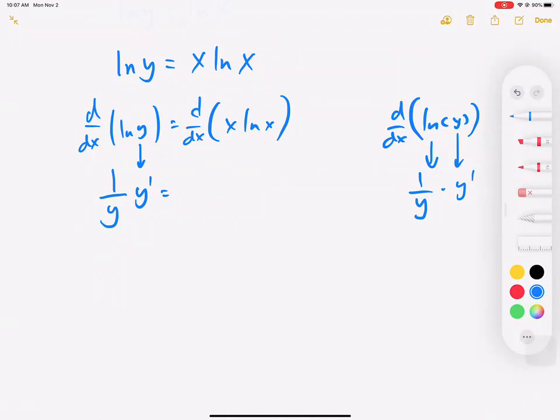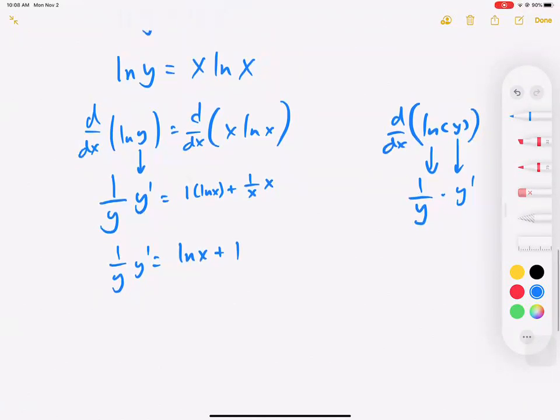We need a special rule here. We need product rule. So derivative of the front, leave the back alone, plus the derivative of the back, leave the front alone. To rewrite this, 1 over y times y prime is equal to natural log of x plus 1.